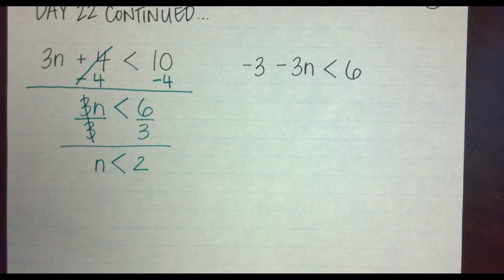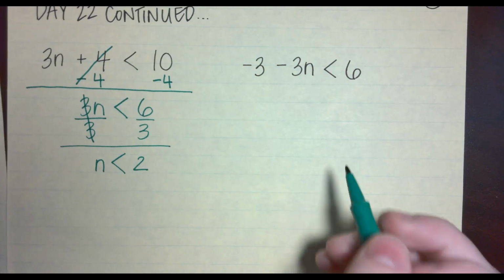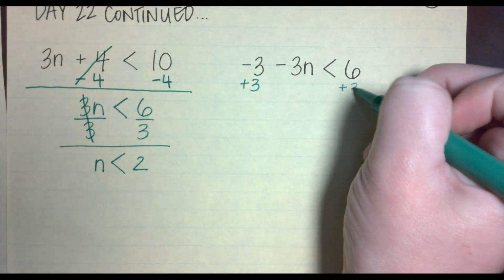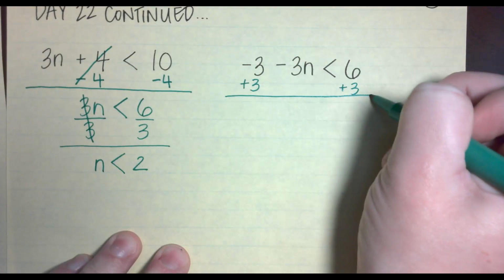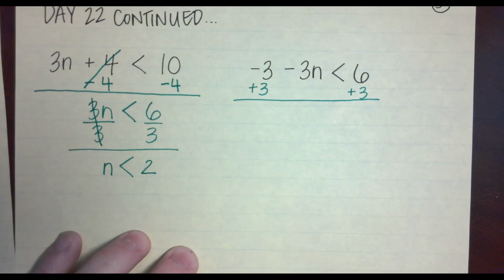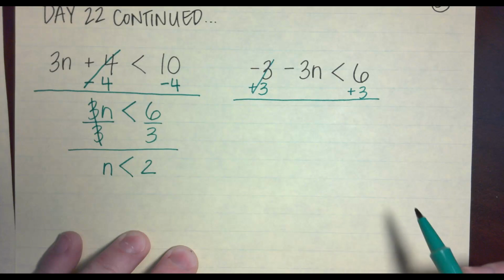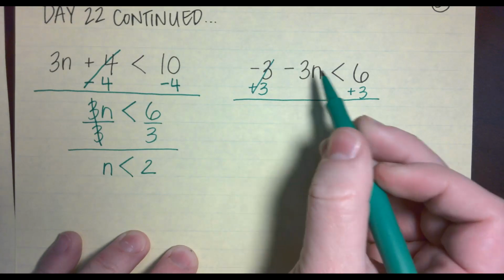Okay. What should we do first? Yes, we're going to add 3 to both sides. All right, what happens next? Yeah, my -3 and that +3 are going to cancel out. And what do I bring down?